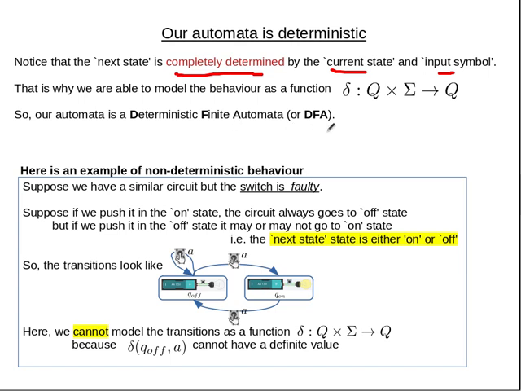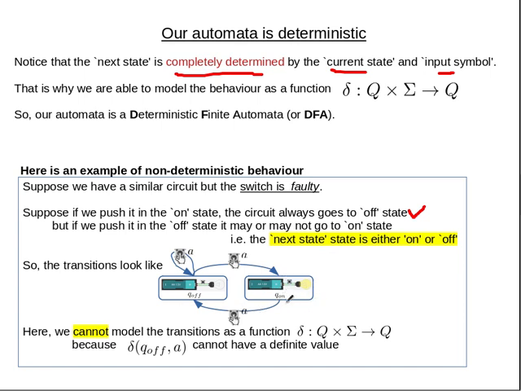So what will be a non-deterministic behavior? Now suppose our switch is faulty, but not completely faulty. Suppose you are in the on state. If you press this switch, you always go to the off state. In that direction it works perfectly, and this is depicted by this arrow, right?